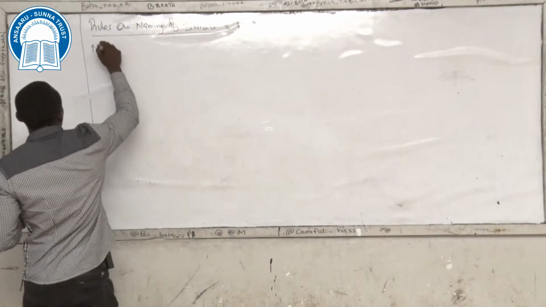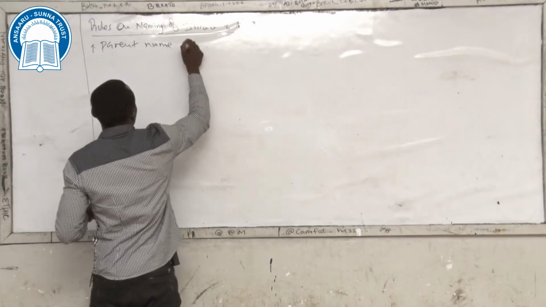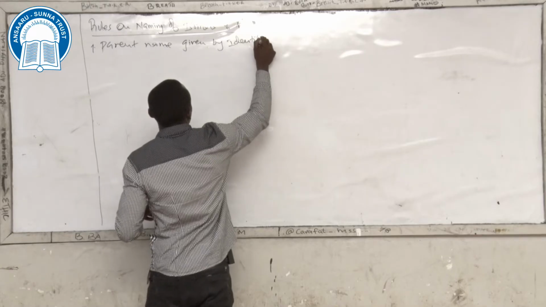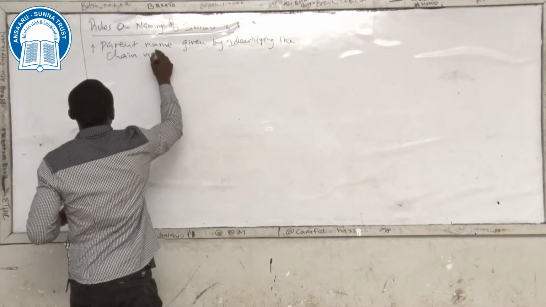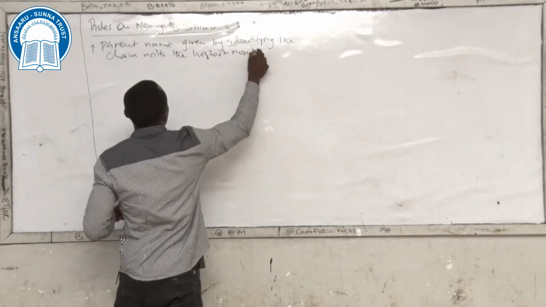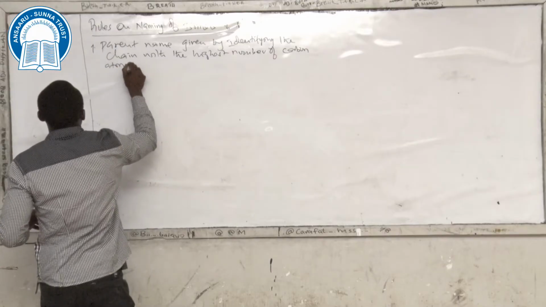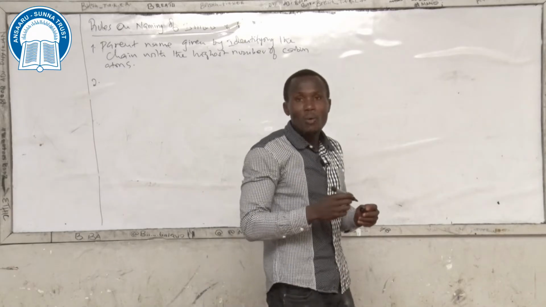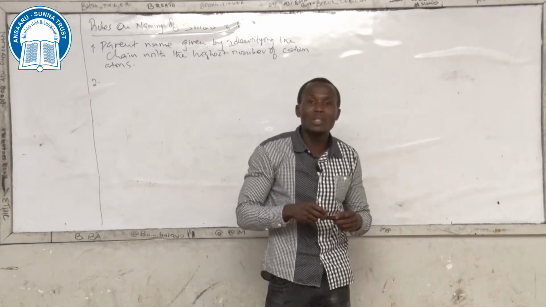So the parent name is given by identifying the chain with the highest number of carbon atoms.